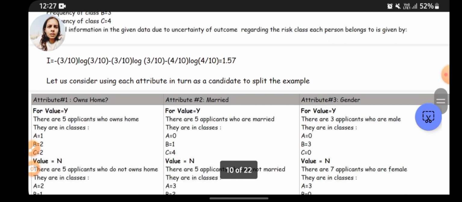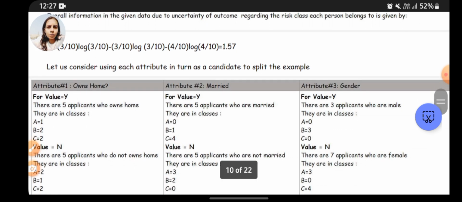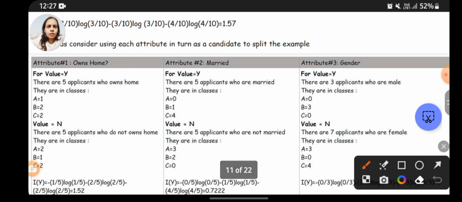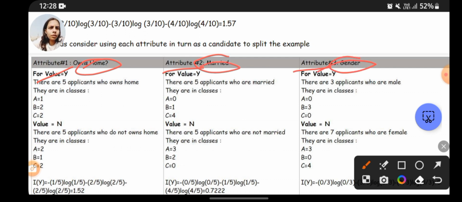Now let us consider using each attribute in turn as a candidate to split the examples. In this we have different attributes: attribute 1 is owns house, attribute 2 is married, and attribute 3 is gender.